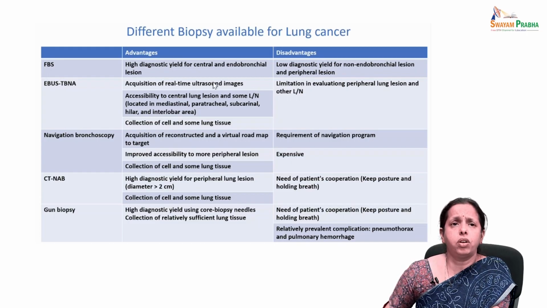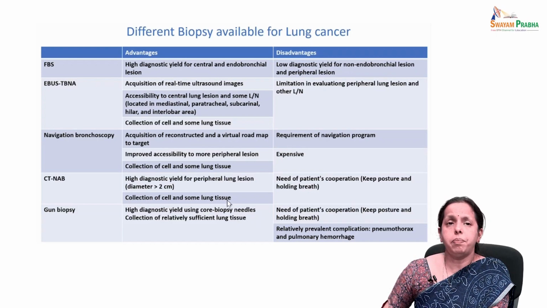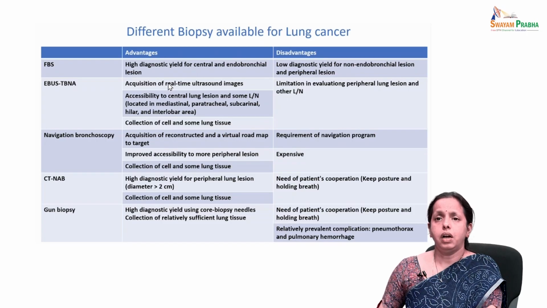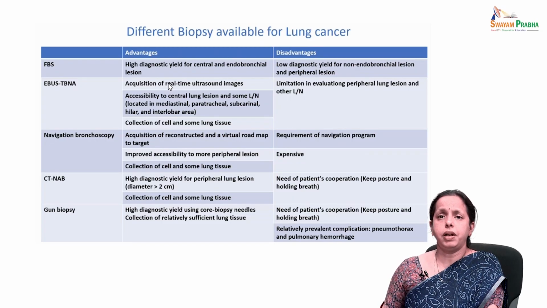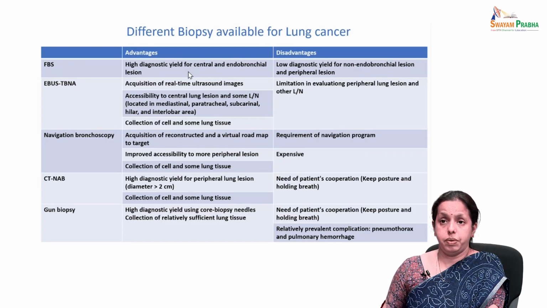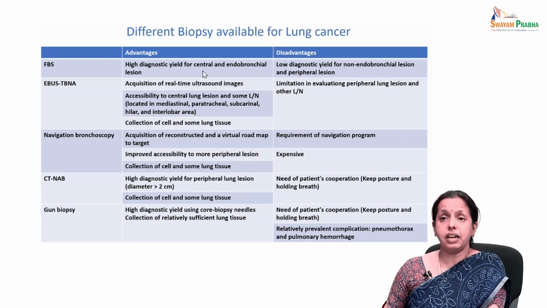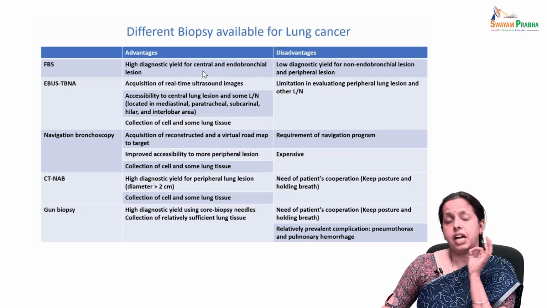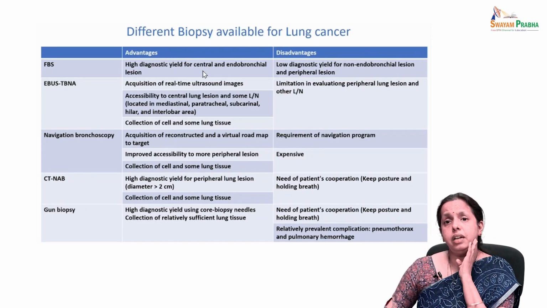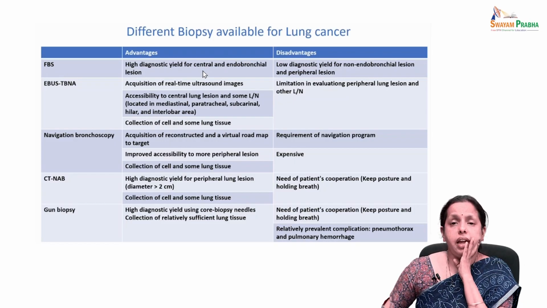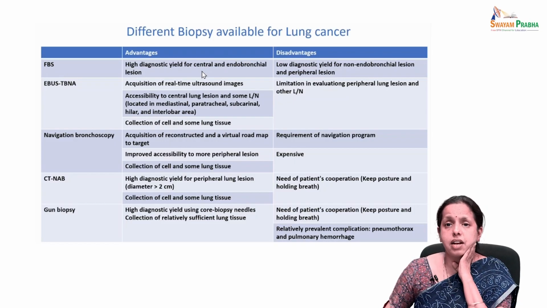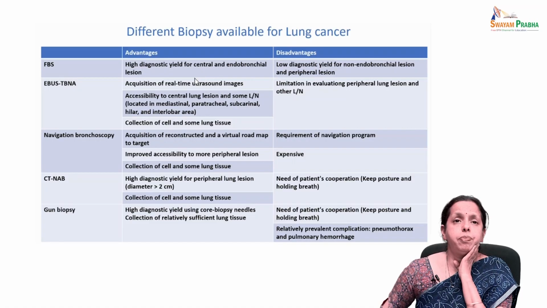Fiber optic bronchoscopy goes through the bronchial pathway to the target lesion. Where the sample has to be taken should be determined precisely, carefully looking at the patient's anatomy before the FBS procedure.